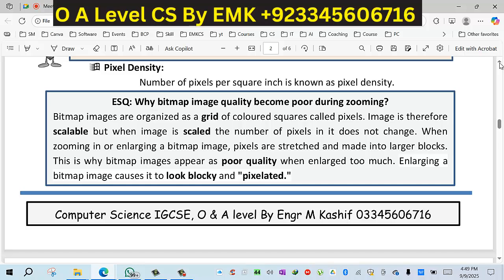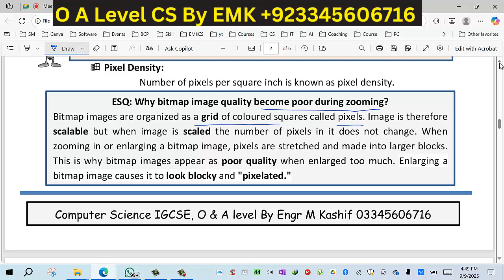Let's suppose there is a scenario. Why does bitmap image quality become poor during zooming? Whenever you zoom an image, your image quality goes down. What could be the reason? Remember that bitmap images are organized as a grid of colored square pixels.